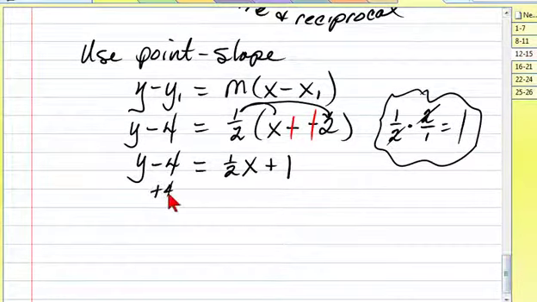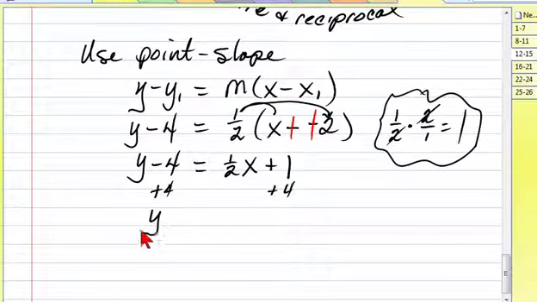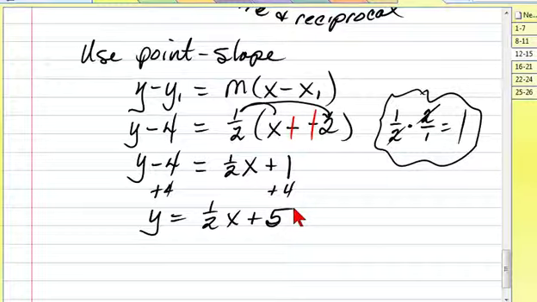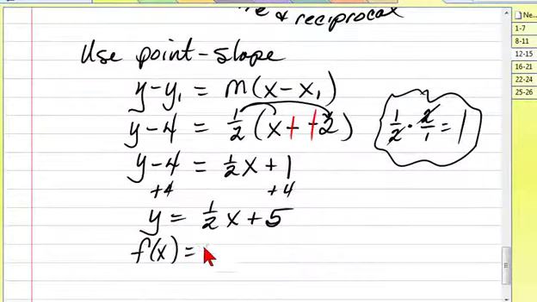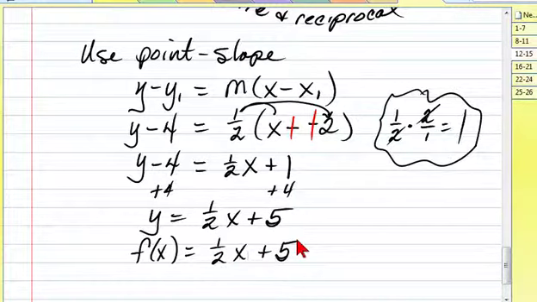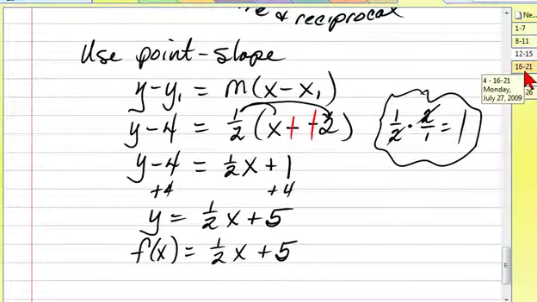All right, now I'm going to add 4, and I get y is equal to 1/2 x plus 5. Function notation, f of x is 1/2 x plus 5. So, you know what parallel means? You know what perpendicular means. Usually, those are considered the hardest questions on the test.